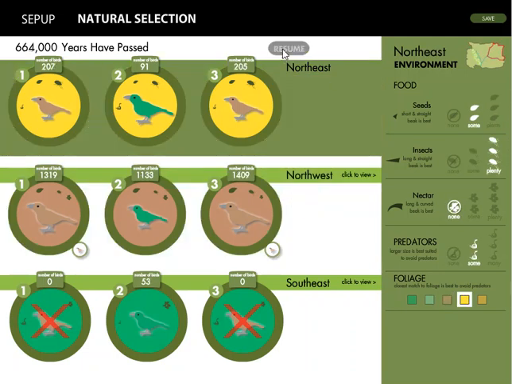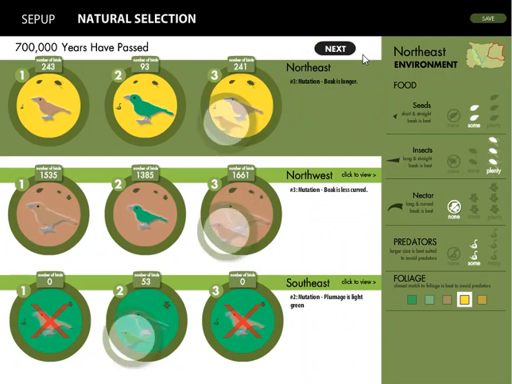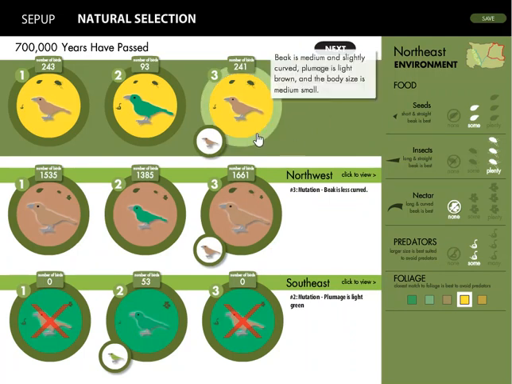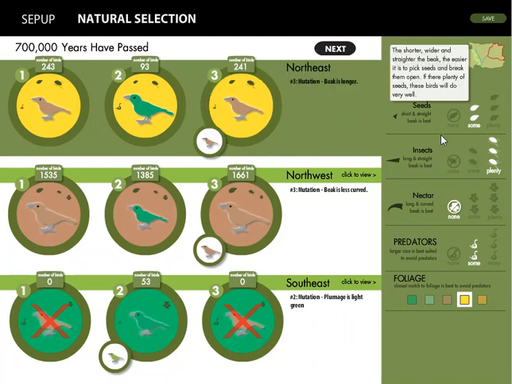All right, let's resume. We're at 700,000 years have passed. In the Northeast, they've mutated a longer beak in the third population. So we'll see that might be beneficial for insects.